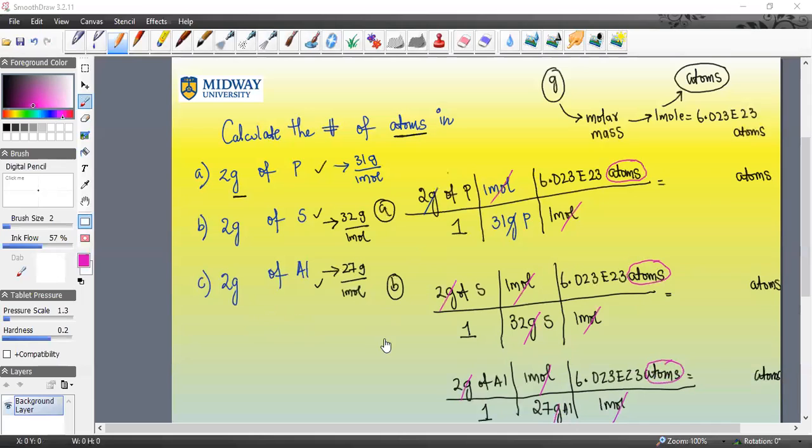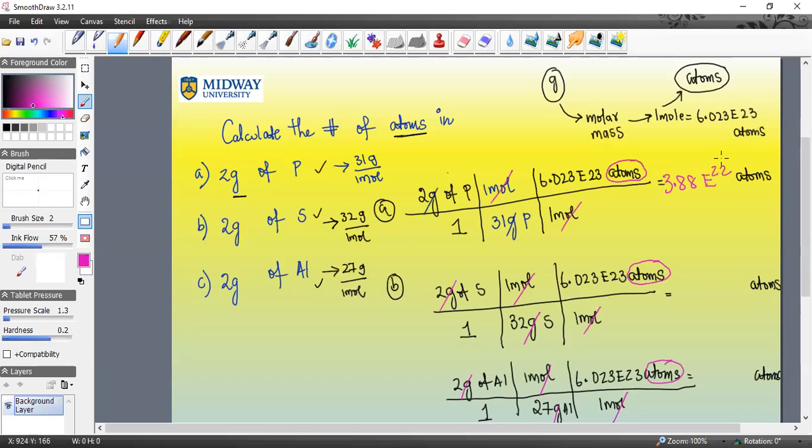So when I do that math, I get 3.88 times 10 to the 22 atoms. Again, I'm not writing all the numbers from my calculator. 3.88 e to the 22 atoms.